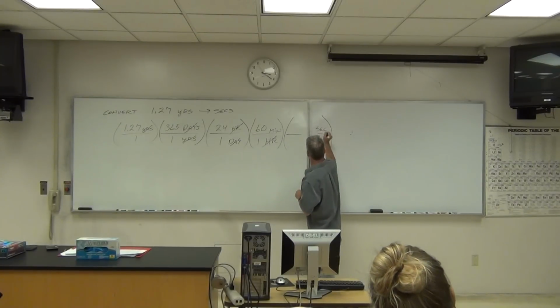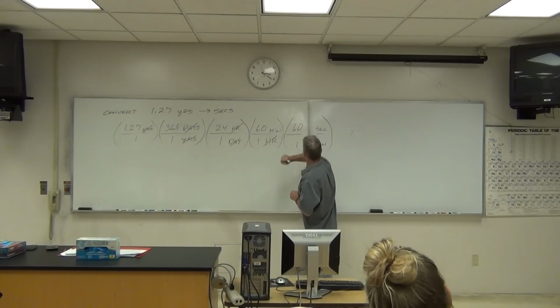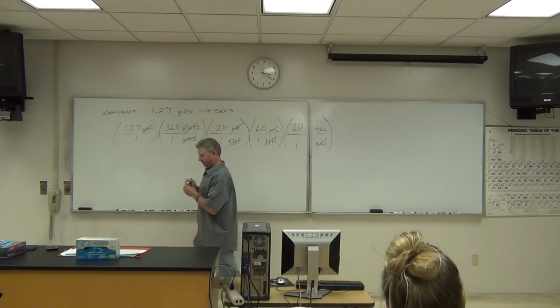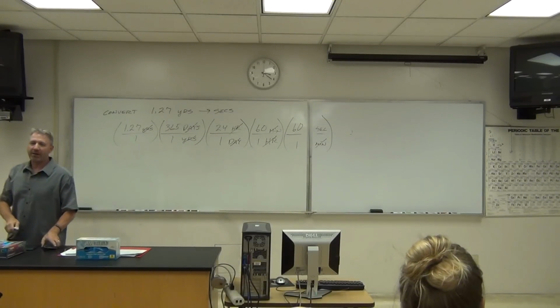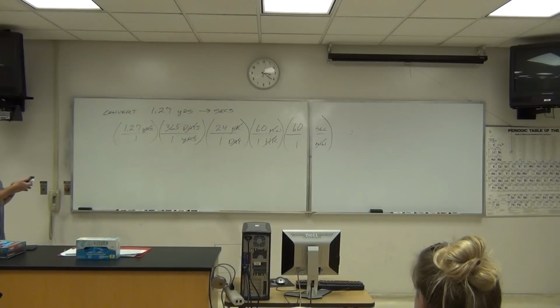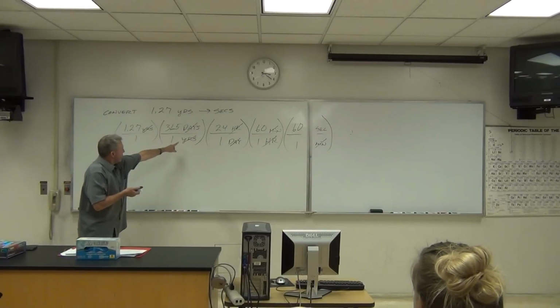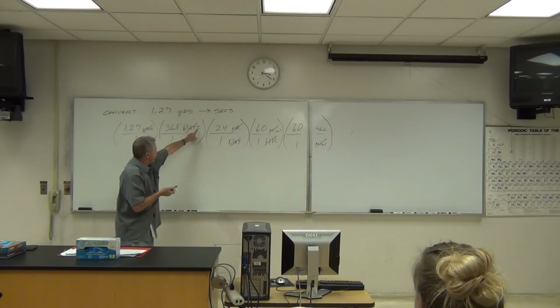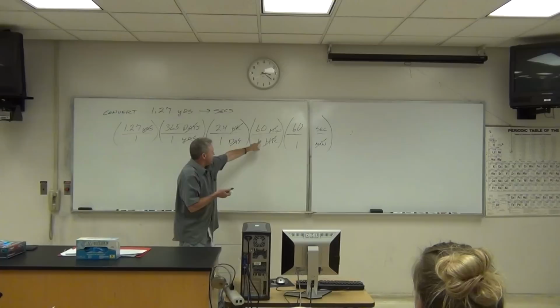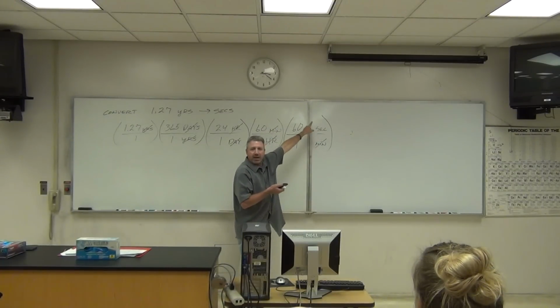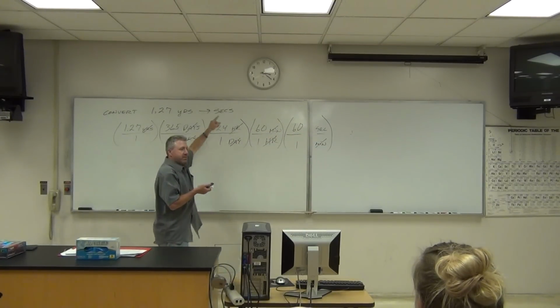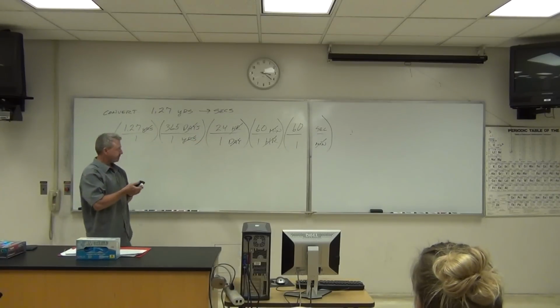Seconds. Minutes are gone. No problem. I started out with years. I converted years into days, days into hours, hours into minutes, minutes into seconds. See the little zigzag pattern that's developing here?